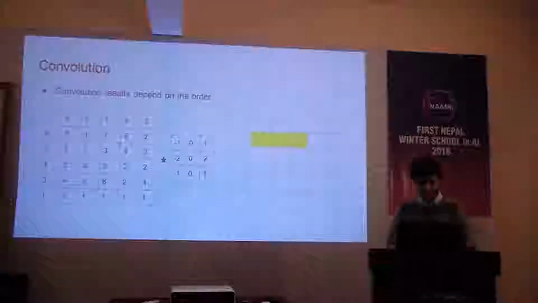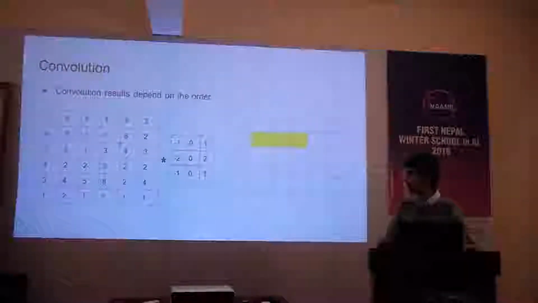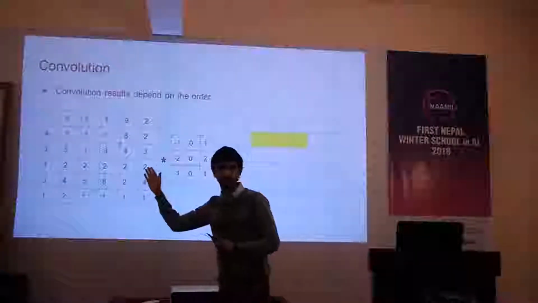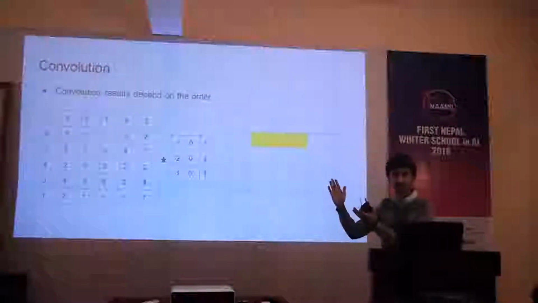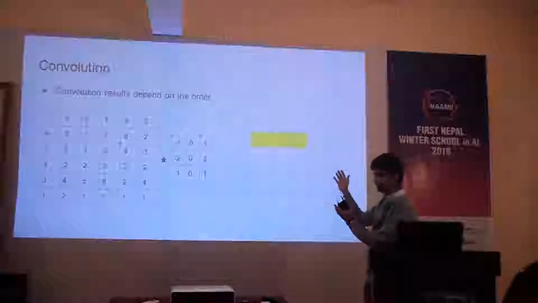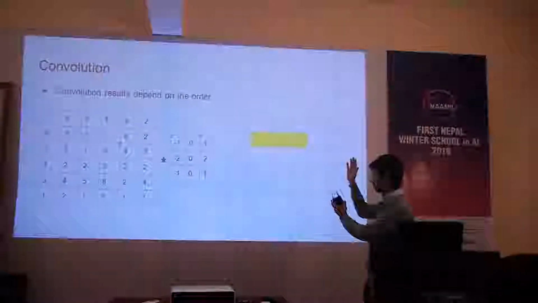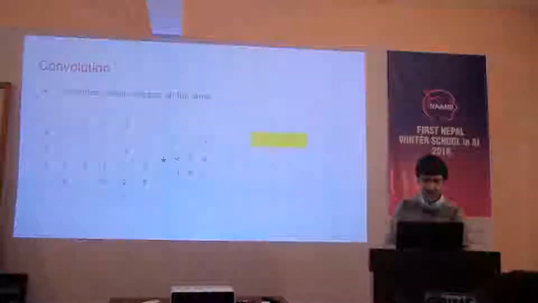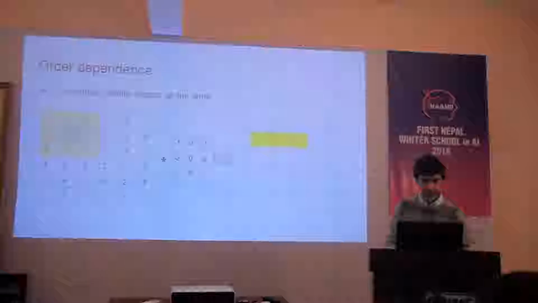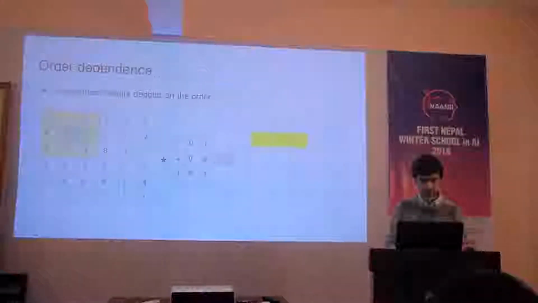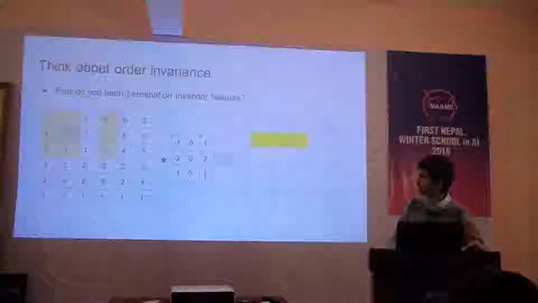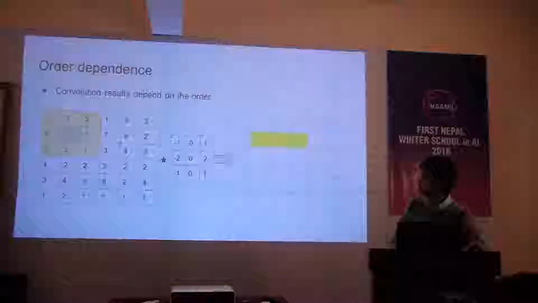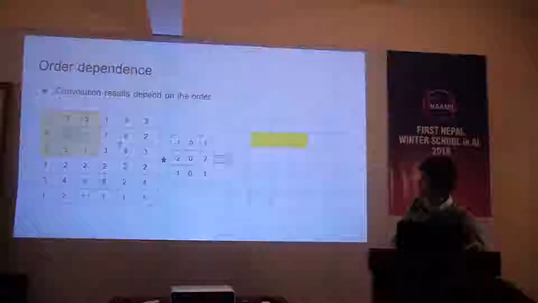You can see that if you change the order of these vectors, you will get a different result, and once you get the result, you cannot recover the original result by changing the order here. That's why it's not order invariant. If you do this next example, you will get different results, right?